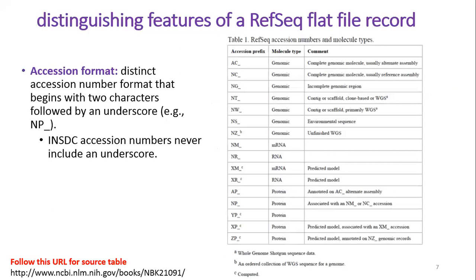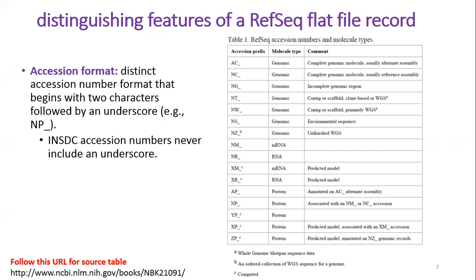Okay, so now let us talk about the flat file record of this reference sequence database. In the next few slides, I will show you a typical entry of the reference sequence flat file record, and you would infer that it is very similar to the GenBank flat file format entry.